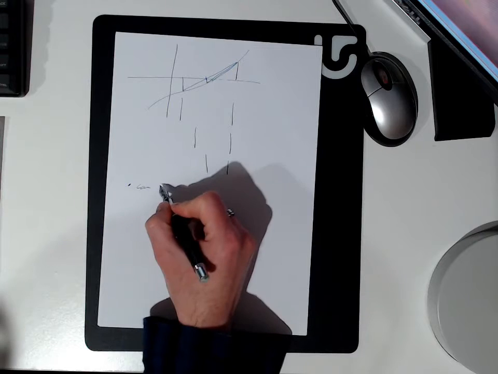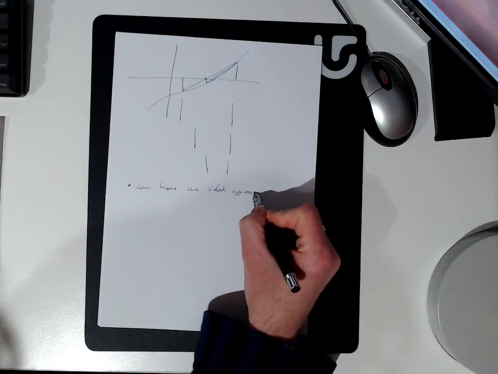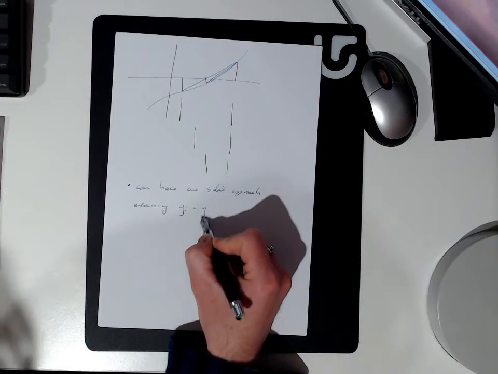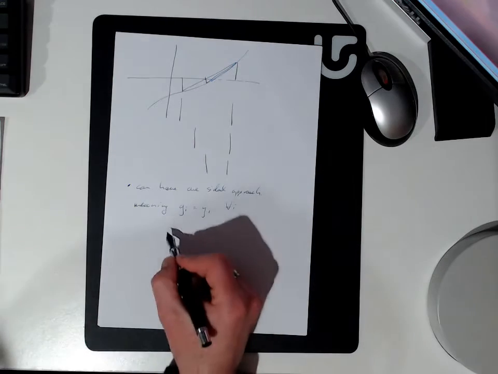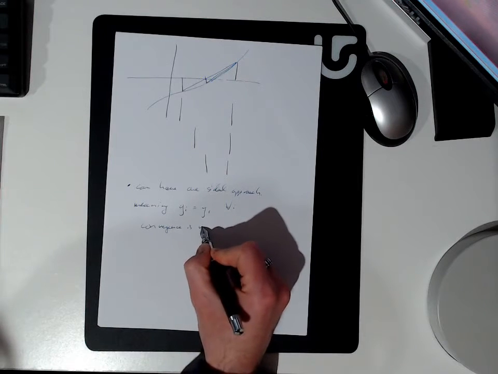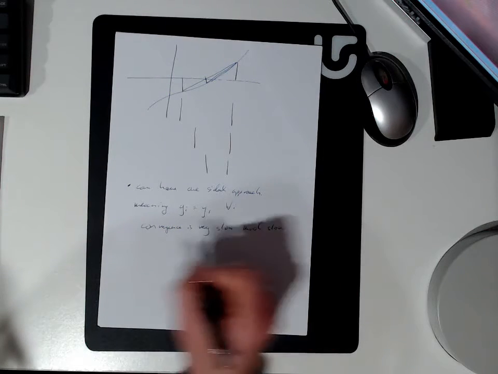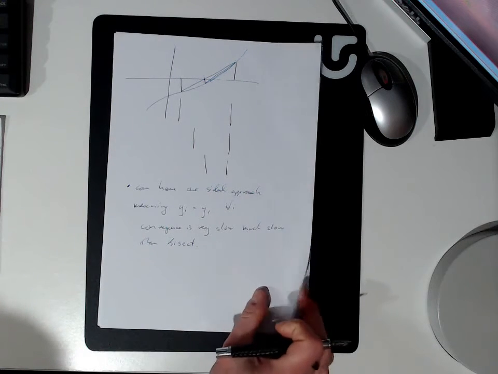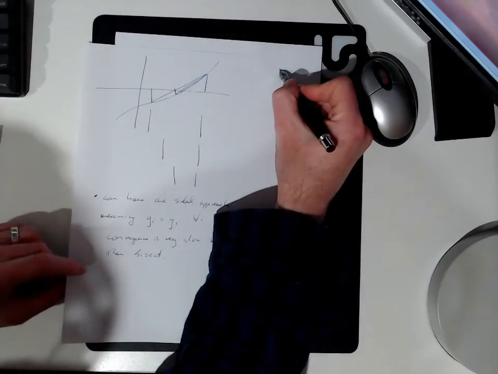So you can have a one-sided approach, meaning that yi ends up equal to something like y1 for all i, or at least when it settles down into whatever the concave region is. Convergence is very slow. Much slower than bisect. And there are ways to combat this, and I will talk about that in just a moment.